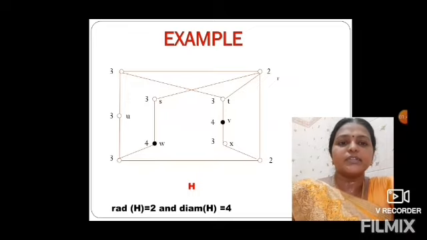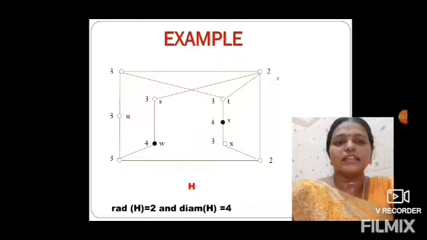Let's have an example. You could see the figure. Here in the graph H, we have the eccentricities 2, 3, and 4. Of course, the radius of H is equal to 2 and the diameter of H is equal to 4.